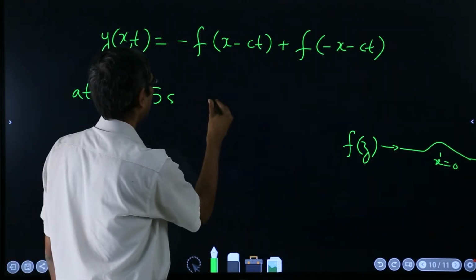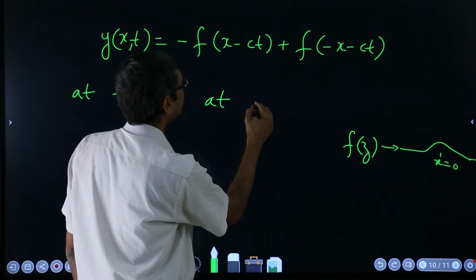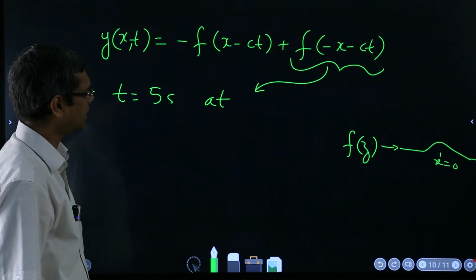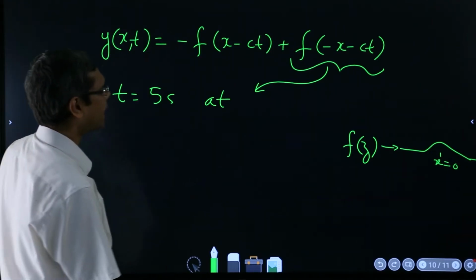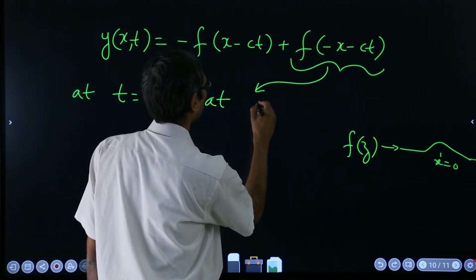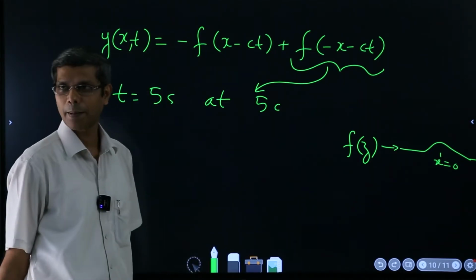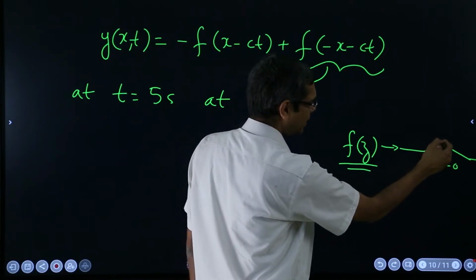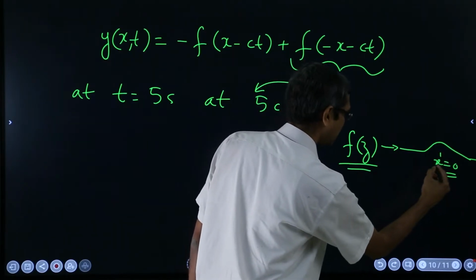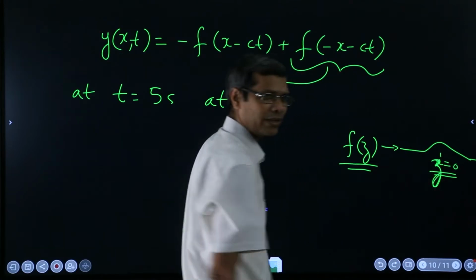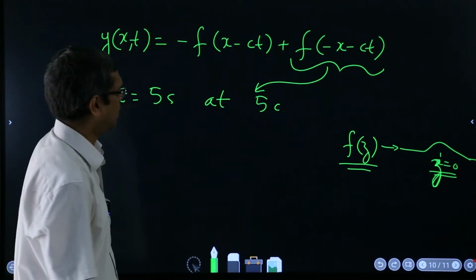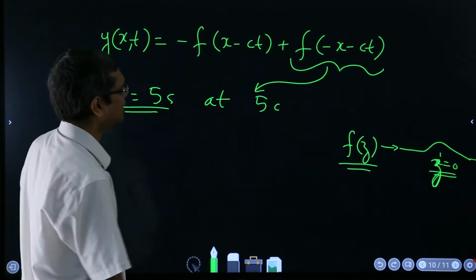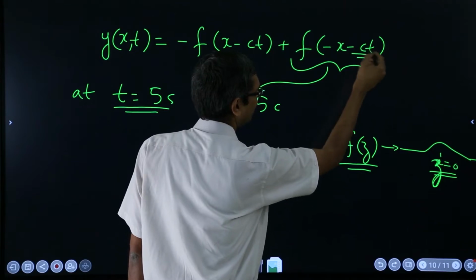The peak of f(z) happens when its argument is 0.